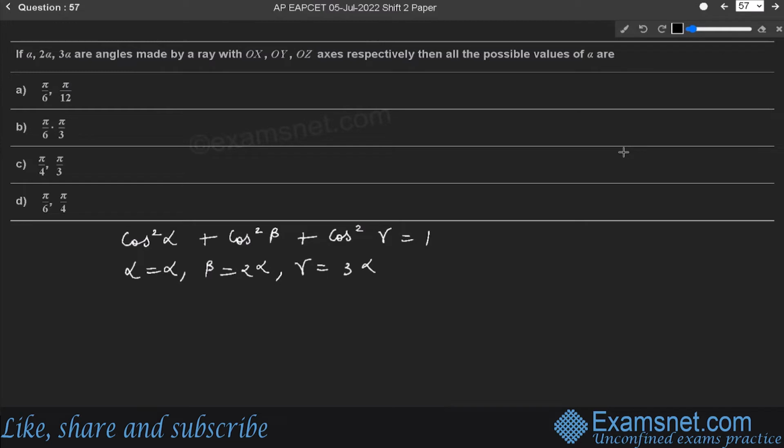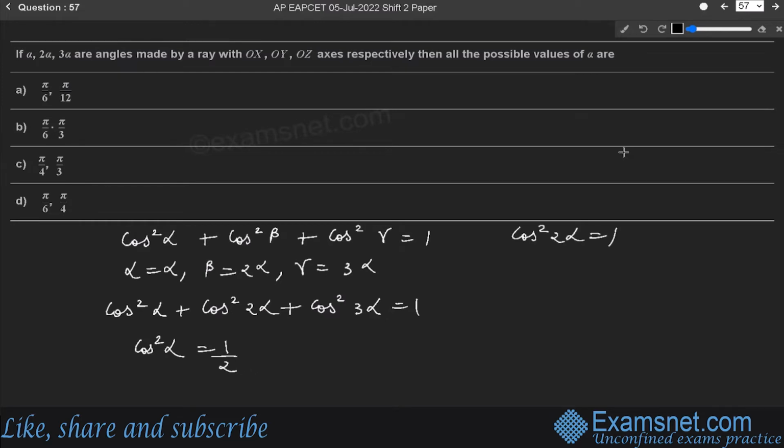On substituting this value, it becomes cos square alpha plus cos square 2 alpha plus cos square 3 alpha is equals to 1. From here we can say that cos square alpha will be equals to 1 by 2. Since cos square 2 alpha is 1, so cos square alpha will be 1 by 2.